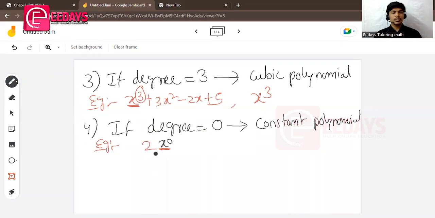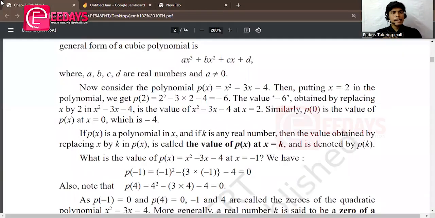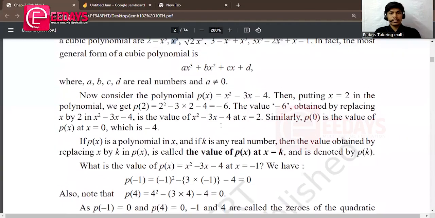Can I write x power 0? x power 0 is nothing but 1, so 2 into 1, you'll get 2 again. So you can rewrite it as 2 into x power 0. Now degree is 0, so that is why it is a constant polynomial. You can take that example like this.